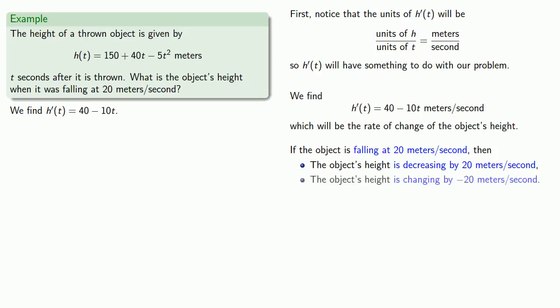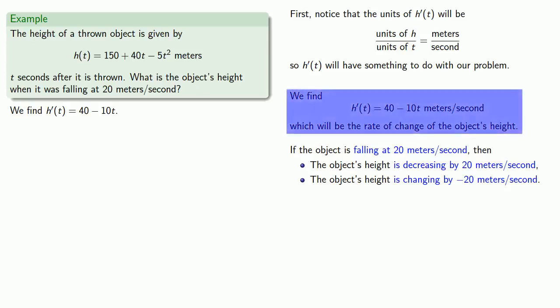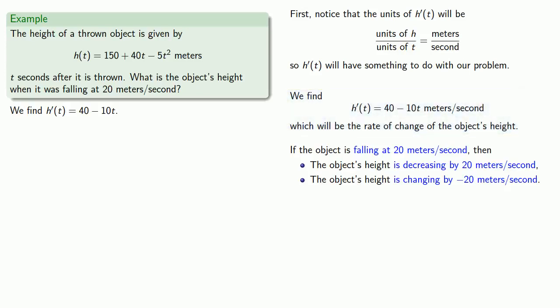The object's height is changing by minus 20 meters per second. Well, this is useful because we have the rate of change of the object's height. And so we want this rate of change of the object's height, h prime of t, to be minus 20. And so we'll set down that equation and solve.